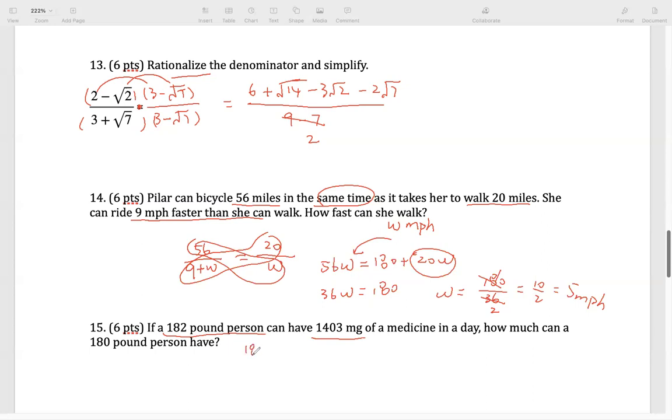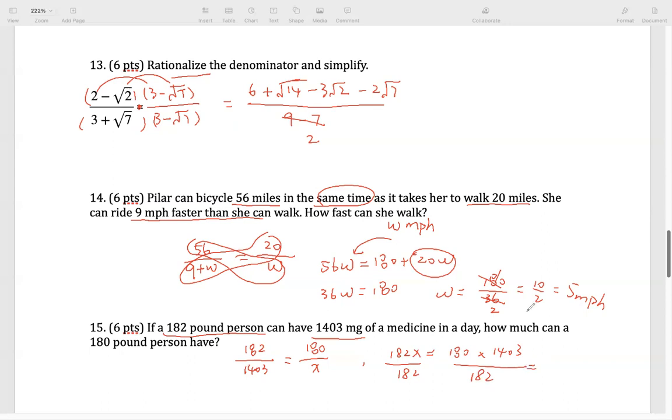Okay, so this is a ratio problem. 182 divided by 1403 equals 180 pounds divided by, let's say, X. So cross multiply again, so we get 182 X equals 180 times 1403. So both sides divided by 182.